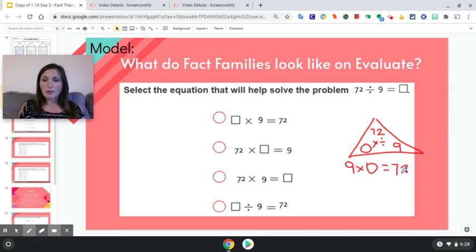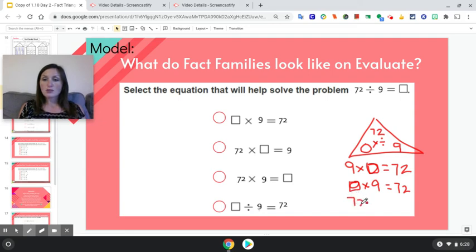And then I knew that I could flip it. Let me put a box here so it doesn't look like a 0, because that would be a totally different answer. So blank times 9 equals, again, 72.